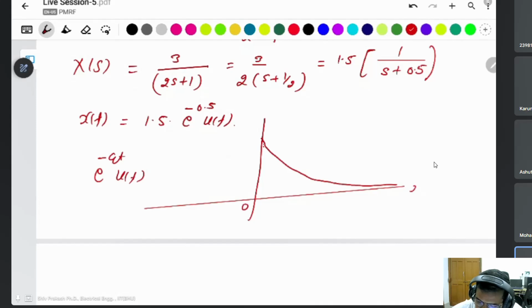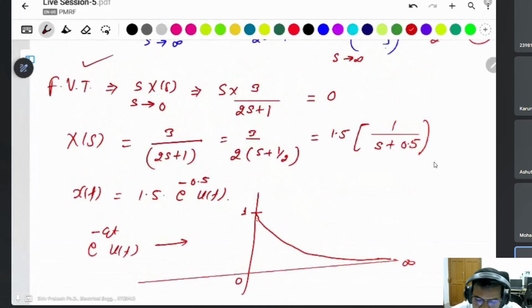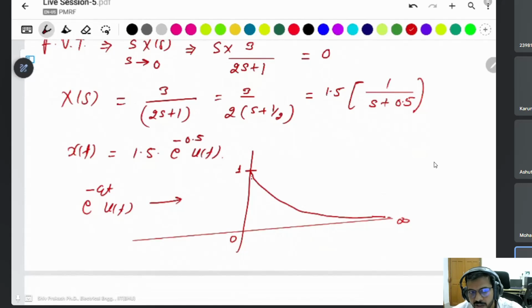At t equal to 0, e to the power of 0 will be 1. And at t equal to infinity, e to the power of minus infinity will be 0. That's why the final value of this system will be 0, because of this only. This is the exponential decay waveform, so at infinity it goes to 0.